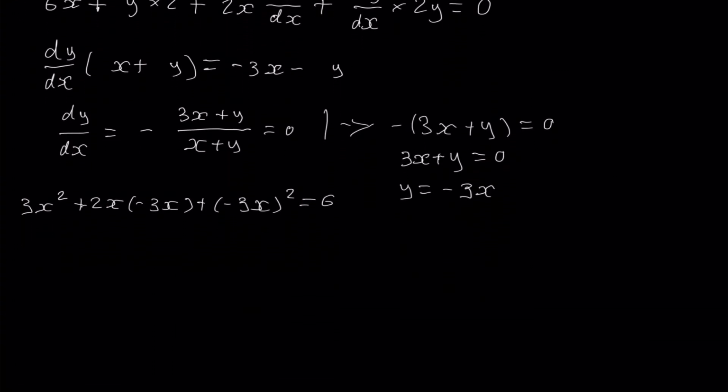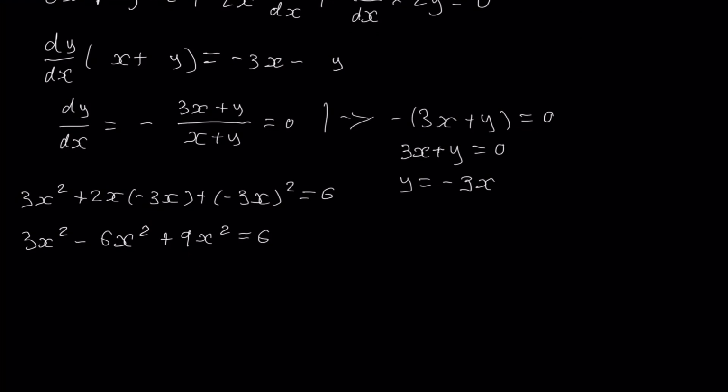From here, we can do a bit of simplification. 3x squared minus 6x squared plus 9x squared is equal to 6. Then for the left-hand side here, we're going to have 9 plus 3, which is 12, minus 6, which is just going to be 6.